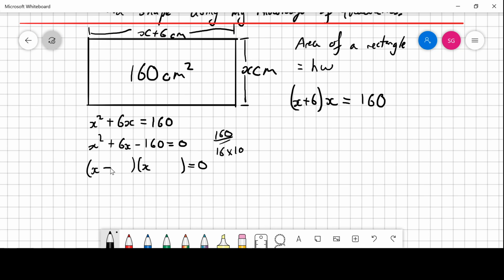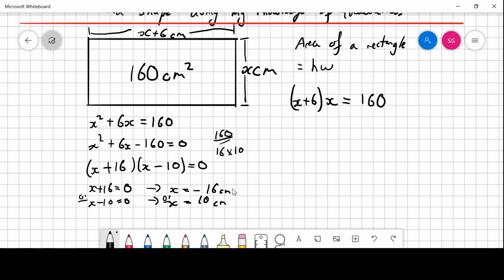Now from this we can go, okay, x plus 16 equals 0, or x minus 10 equals 0. And from that we can go, x equals minus 16 centimeters, or x equals 10 centimeters.